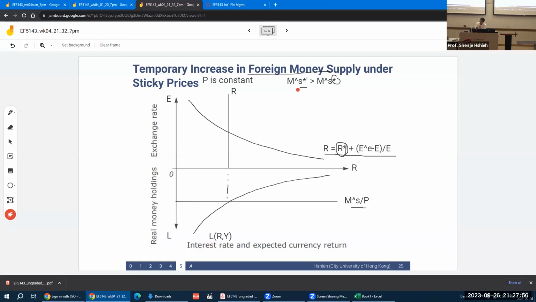So if we're China and the US decides to increase money supply, we should know that their R, which is our R star, is going to decrease. And so in this graph, it should show up in UIP, right? Concur?